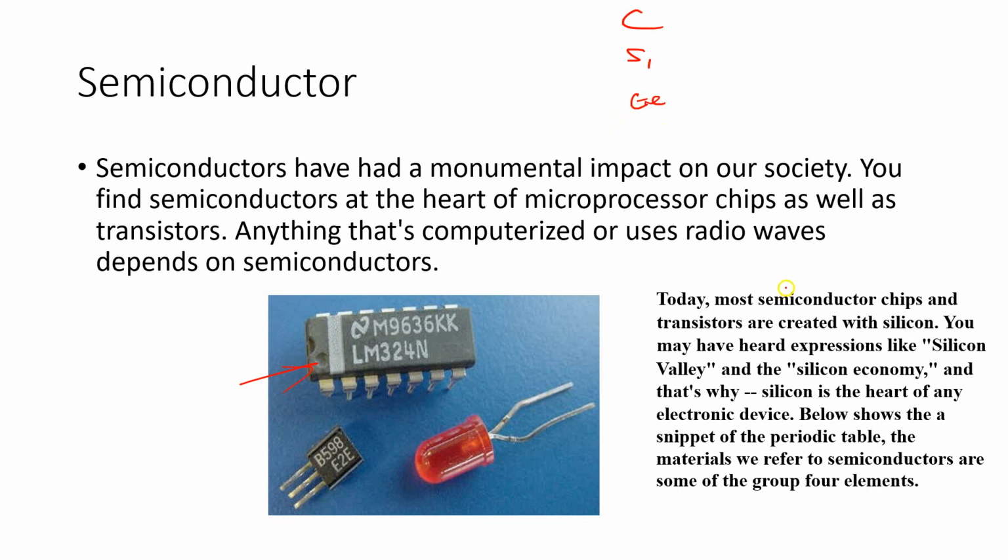Now, I'm pretty sure you have heard about the Silicon Valley. When you talk about the Silicon Valley, it's really about using silicon as the main semiconductor material that is used to generate these different chips and so forth. The Silicon Valley is all about technology and electronics.